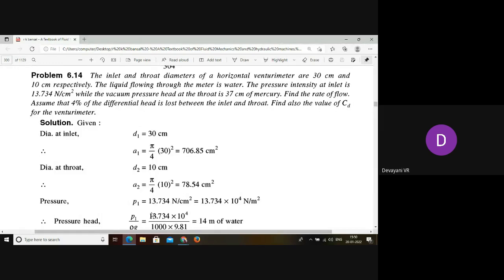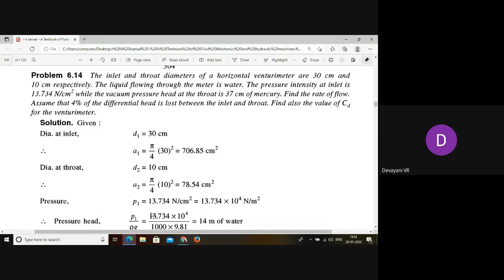Then using these values, we should find out the rate of flow, that is the discharge. And to find the discharge, they have given a condition that assume that 4% of the differential head is lost between inlet and throat. So there might be some head loss taking place, and that head loss is 4% of the differential head. 4% of the head was lost between inlet and throat, from section 1 to section 2.